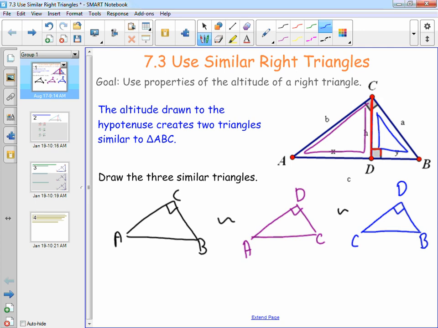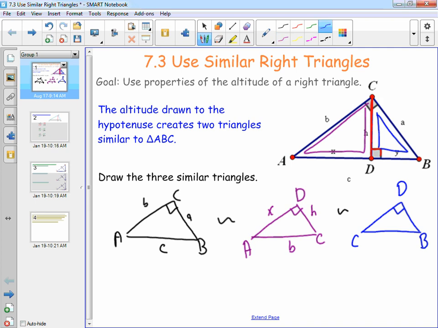We will now go back and add all of the lowercase measurements. On triangle ABC, we had little lengths a, b, c. And on the purple triangle ACD, we have that measurement CD is h, AD is x, and AC is b.